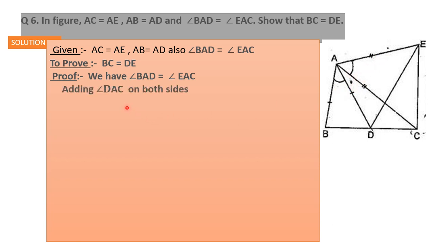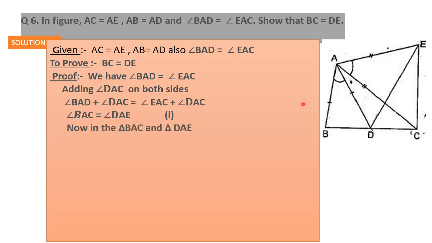So by adding DAC to both sides, we get BAD plus angle DAC is equal to EAC plus angle DAC. Now as I said earlier, BAD plus DAC becomes angle BAC and EAC plus DAC becomes angle DAE.